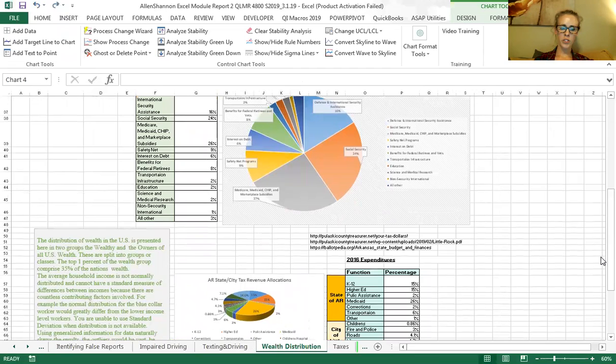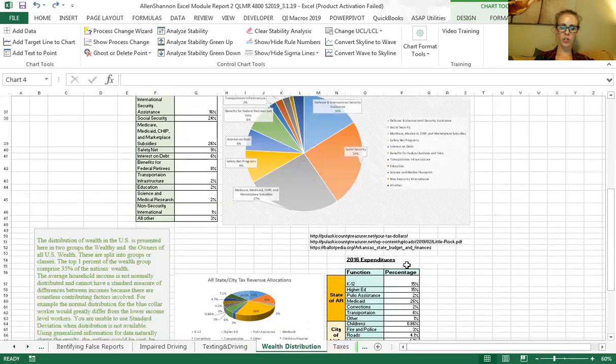The average household income is not normally distributed and cannot have a standard measure of differences between incomes because there are countless contributing factors involved. For example, the normal distribution for the blue-collar worker would greatly differ from the lower income level workers.